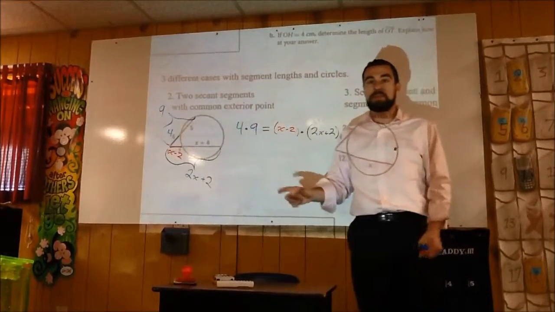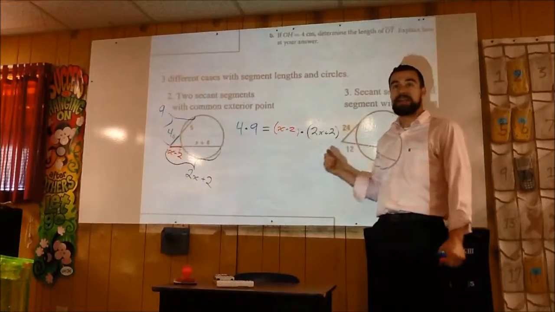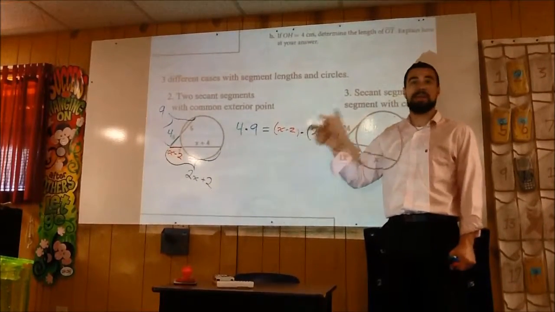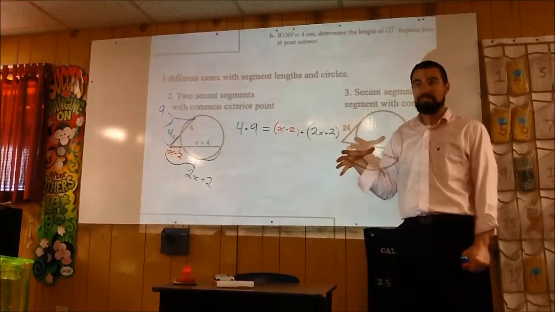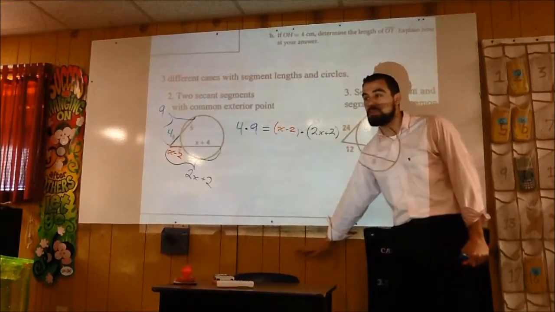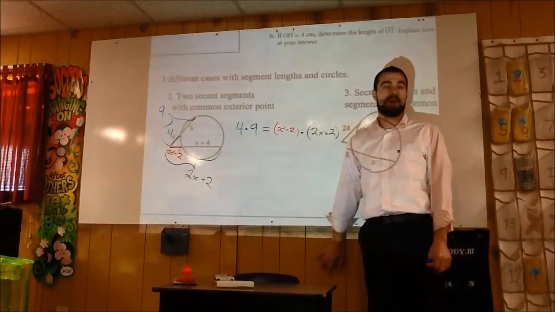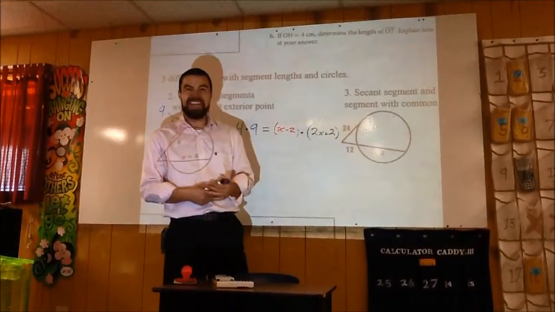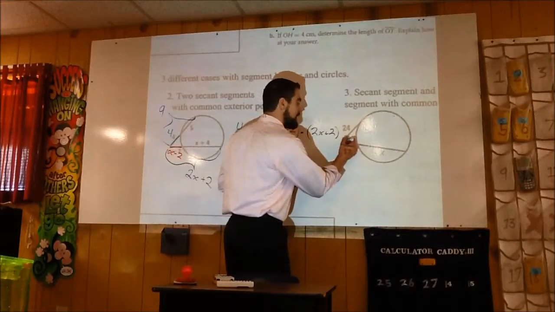These will always equal. So when you have tangents or secants with a portion outside, it's outside times whole equals outside times whole. That's all written down for you in the box below. Check out the tangent. What's the outside length of this guy right here? What's the outside?